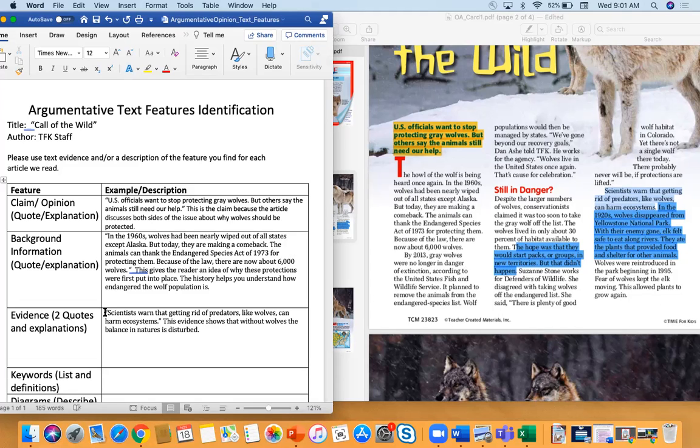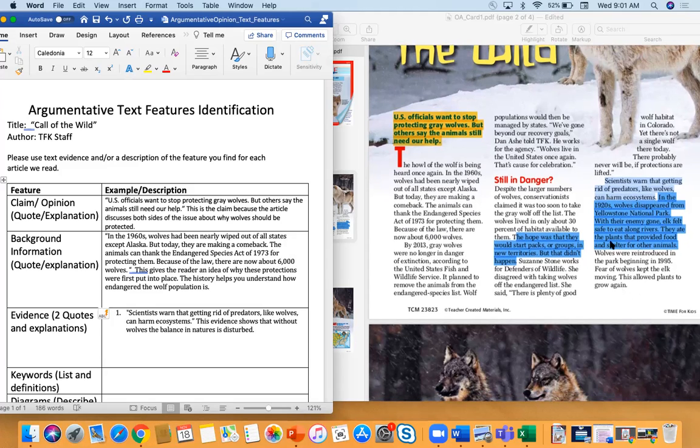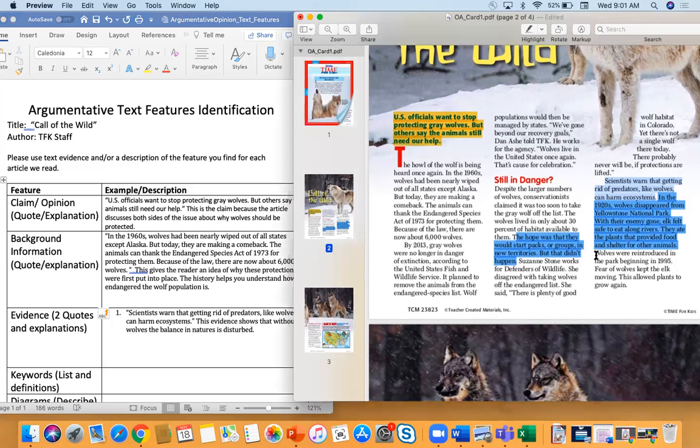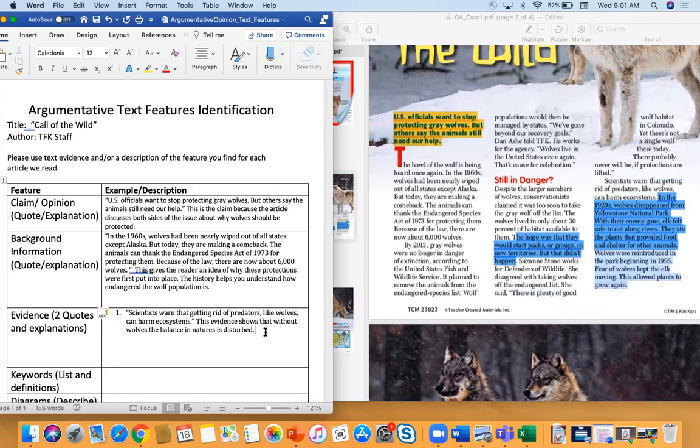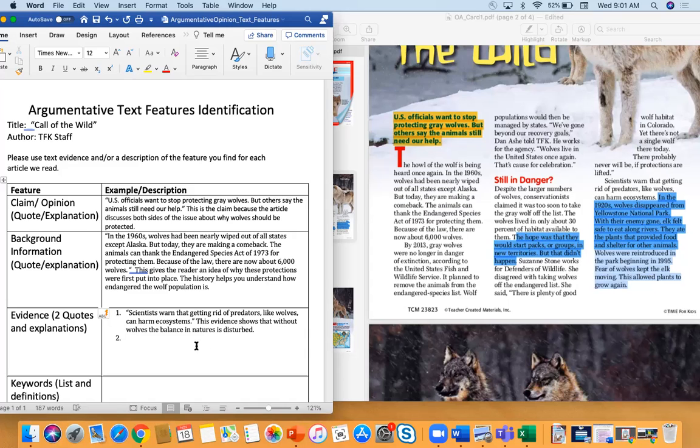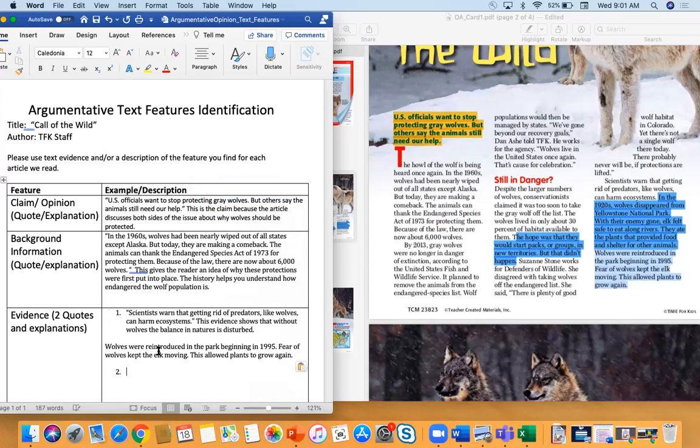Text evidence. So then I will put this one. This is another evidence. Okay.